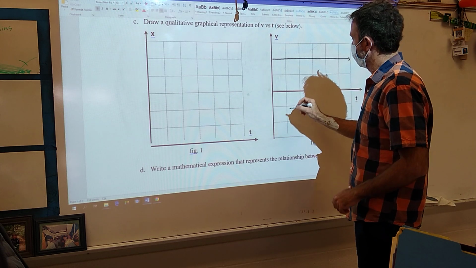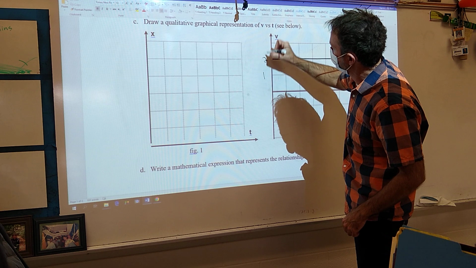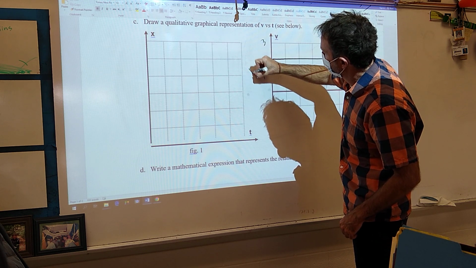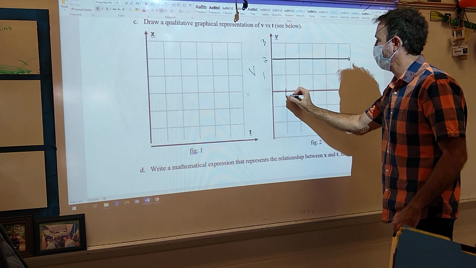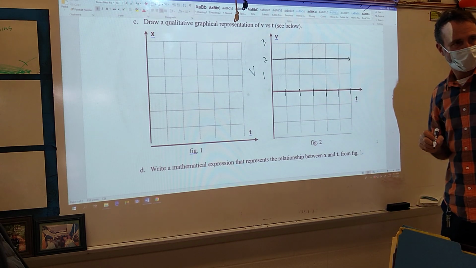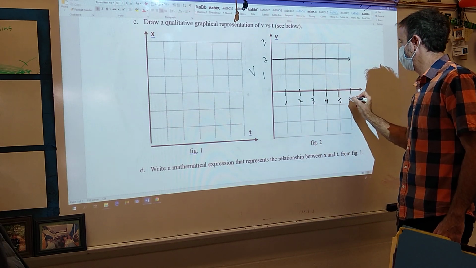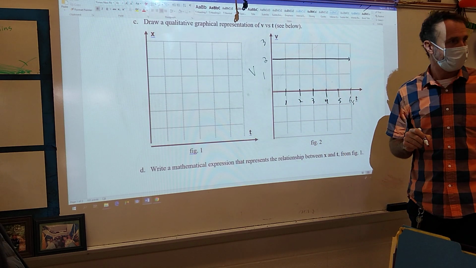Let's say that this is meters per second. 1, 2, 3. So this is velocity, and this is time going by. Right? So the time would be 1, 2, 3, 4, 5, 6 seconds. Is everybody following me?